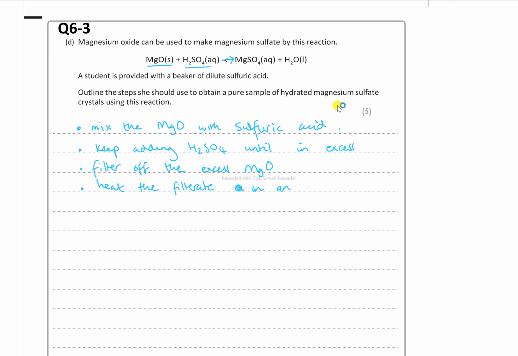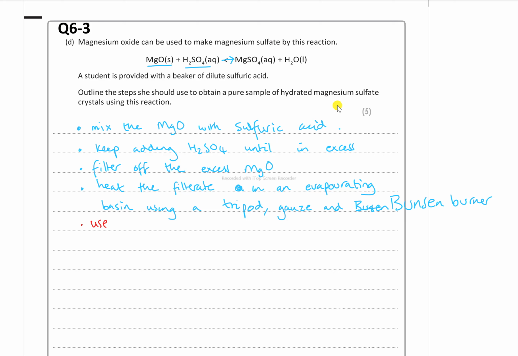in an evaporating basin using a tripod, gauze and Bunsen burner. Then what do you do?